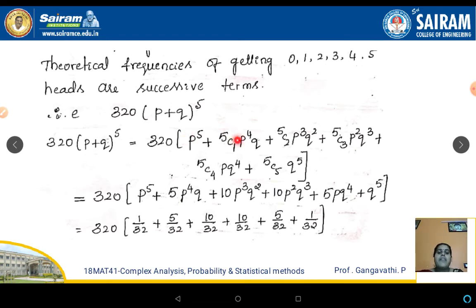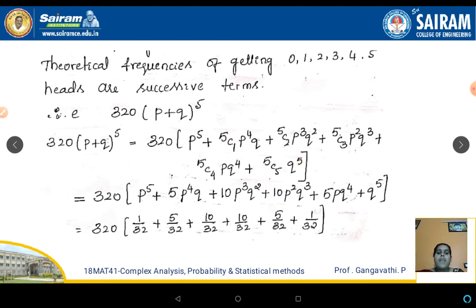In 5c1, decrease the power of p, so it becomes 4, and increase the power of q from 0 to 1, that is q to the power of 1. Similarly, the next term is 5c2 p to the power of 3 and q to the power of 2. It goes on in a similar way, and the last term would be 5c5 q to the power of 5 and p to the power of 0.